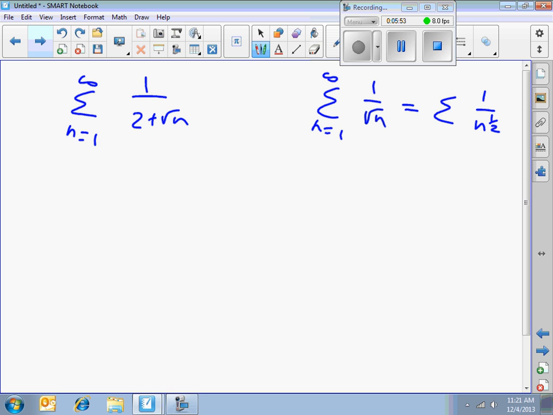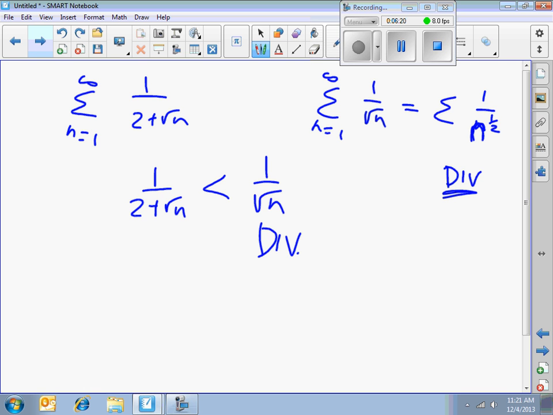And you know by the p-series that because that exponent is less than 1, this thing is going to diverge. We learned that on a p-series test, so I know it's divergent. But the same argument we just made, 1 over 2 plus square root of n is clearly less than 1 over square root of n. 1 over square root of n is divergent.